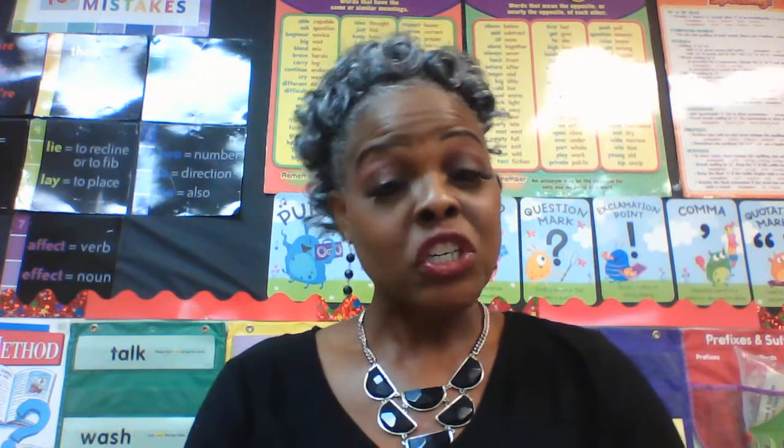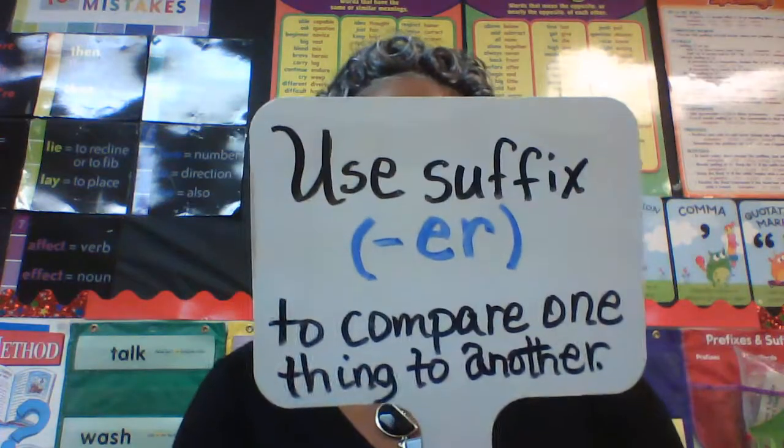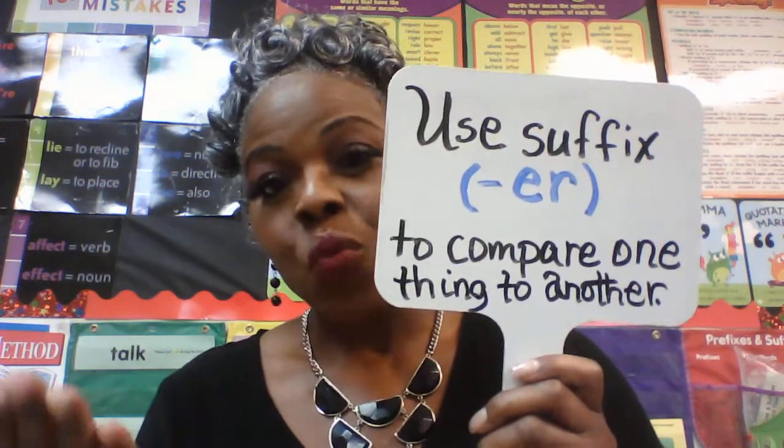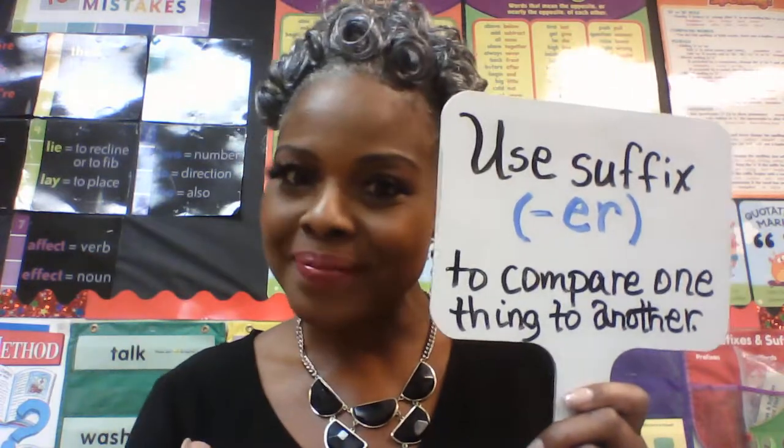Let's get started. Today, we are going to learn about adding suffix er and suffix est to the ending of words. We're going to use suffix er to compare one thing to another.